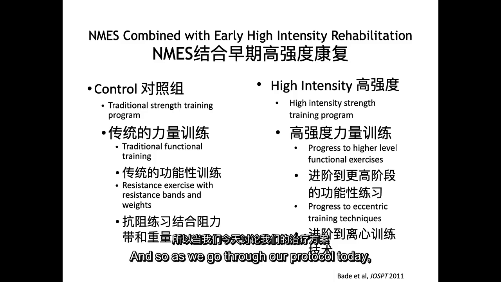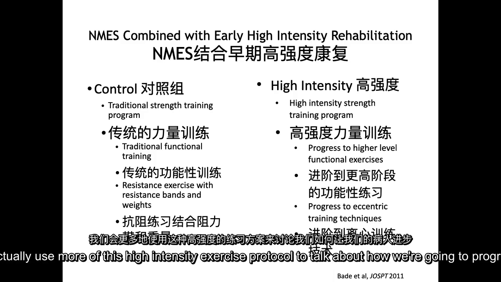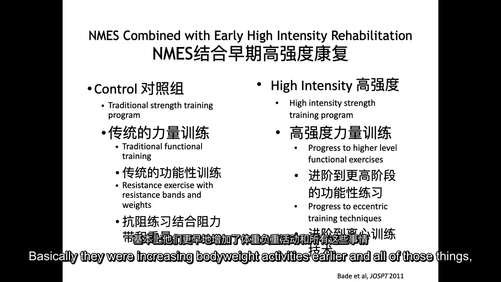And so as we go through our protocol today, we're going to actually use more of this high intensity exercise protocol to talk about how we're going to progress our patients. Basically, they were increasing body weight activities earlier and all of those things.